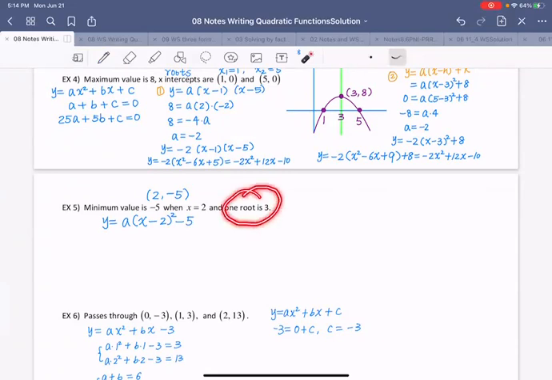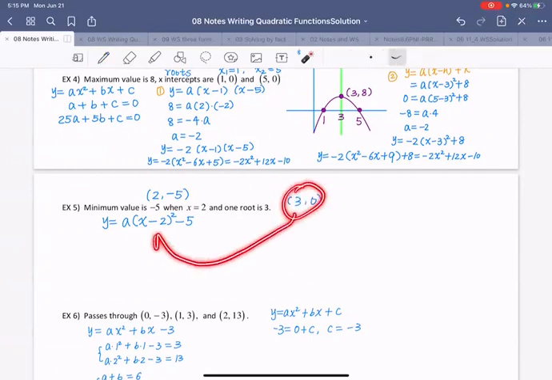What does this mean? When root is 3, that means the x-intercept is 3. Sorry, at 3 comes 0. (3, 0) is one of the points.